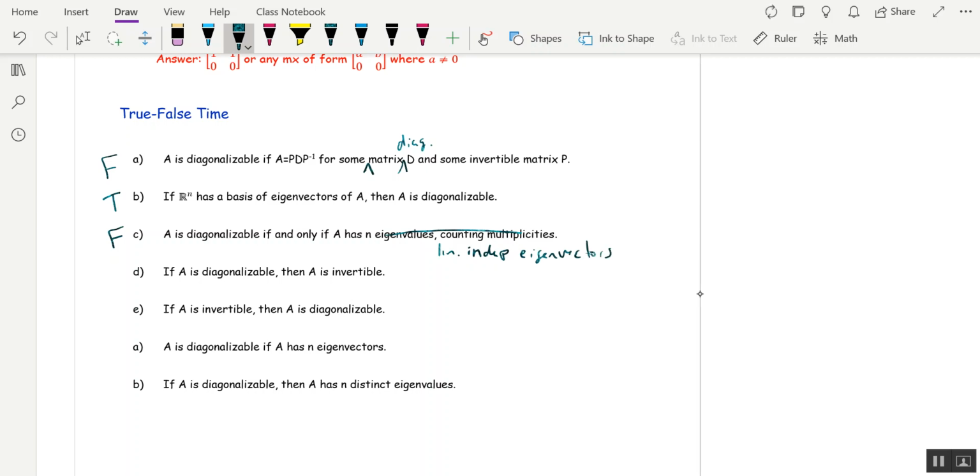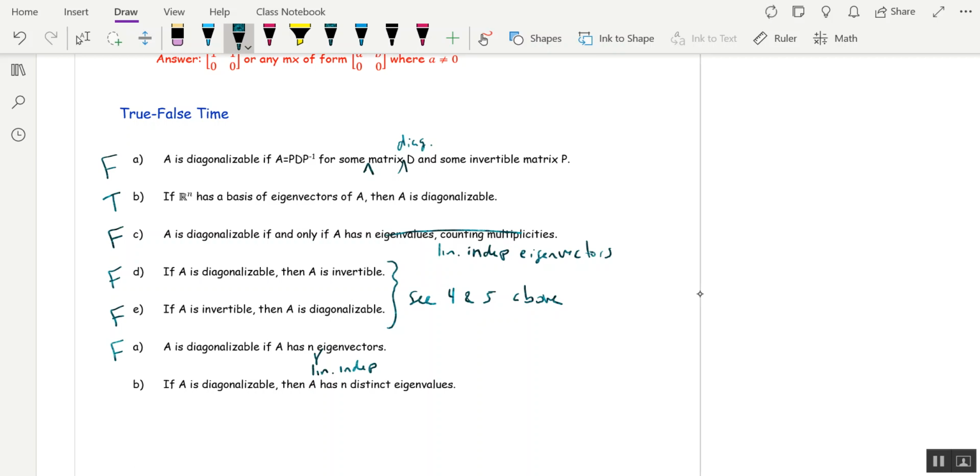If A is diagonalizable, it's invertible. False. See 4 and 5 above. A is diagonalizable if it has n eigenvectors. Again, false. It's got to have n linearly independent eigenvectors.